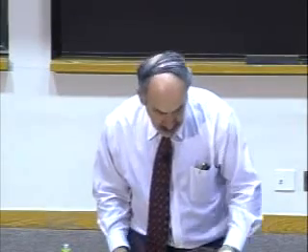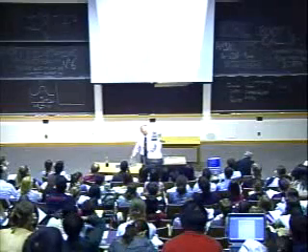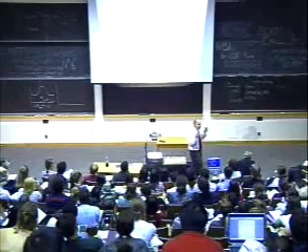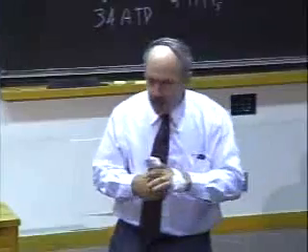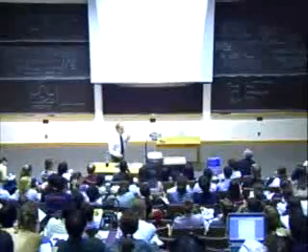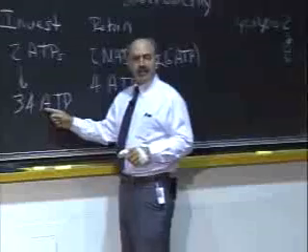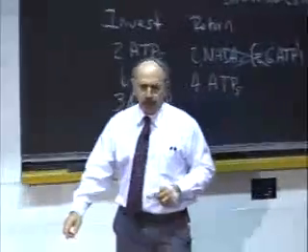Now, what actually happens if we have oxygen around? Well, what happens is something like this. We take the pyruvate, which is the product of glycolysis, and which is this much more primitive pathway, and we dump it into the mitochondria, and now we generate, through this cycle here, which I'm not asking you to memorize, please don't do that, the reactions which go from here and get us up to this 34 ATP yield per glucose.